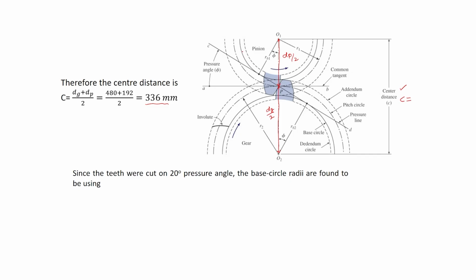So, this is the base circle of the pinion, and this one is the base circle of the gear. Involute profile starts from the base circle, and a common tangent on the base circles is CD, this.